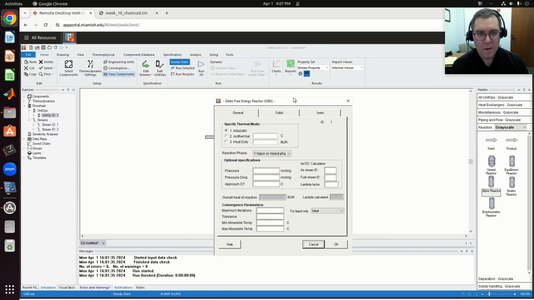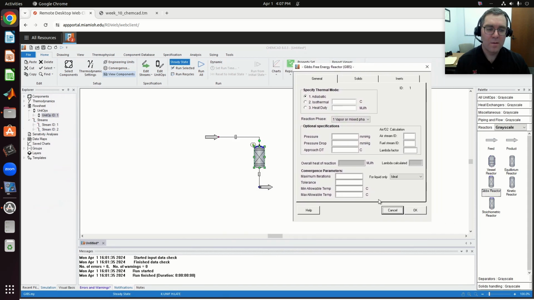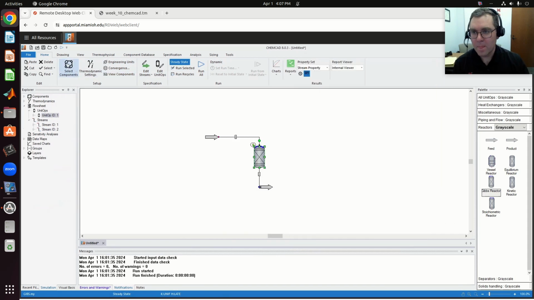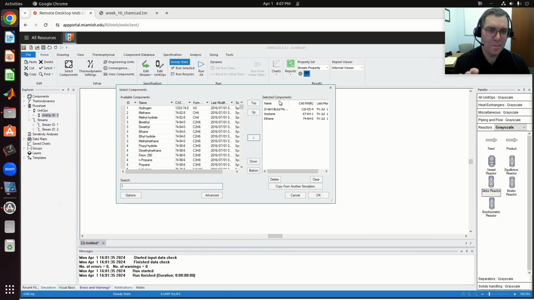Okay. Now, Gibbs reactor. So what's key for a Gibbs reactor is I need to have all of my reactants and products listed here in my component list. I don't need to specify the chemistry. CHEMCAD is going to take my inlet stream to my reactor, and it's going to break those molecules up into atoms, right? So you can calculate that resulting change in Gibbs free energy from the corresponding Gibbs free energy of formation.